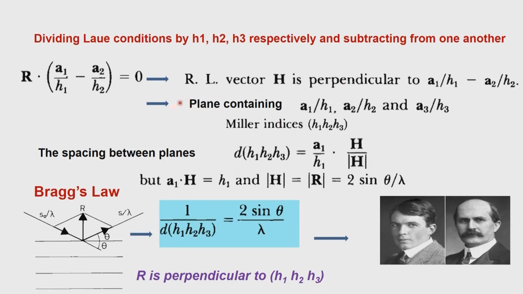The other advantage is that now diffraction can be very easily understood as though it is a reflection, and the use of the Bragg equation will allow us a direct determination of the reciprocal lattice quantities, which was probably not possible if we had used the 3 conditions of Laue.